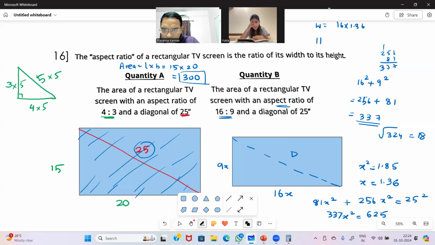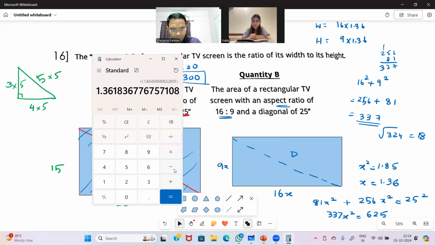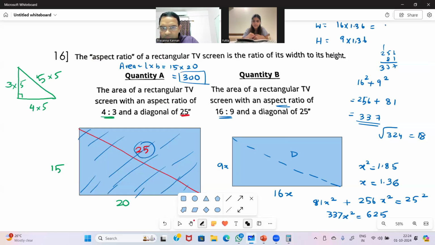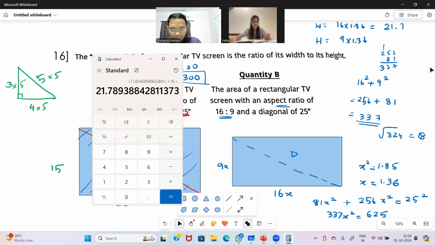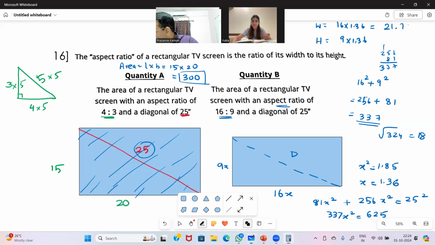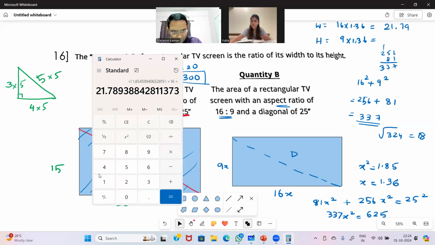And what will be the height? 9 into 1.36, 12.24.